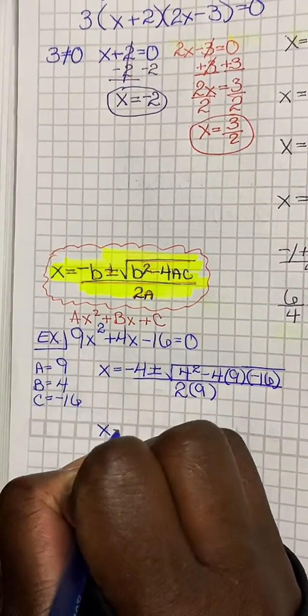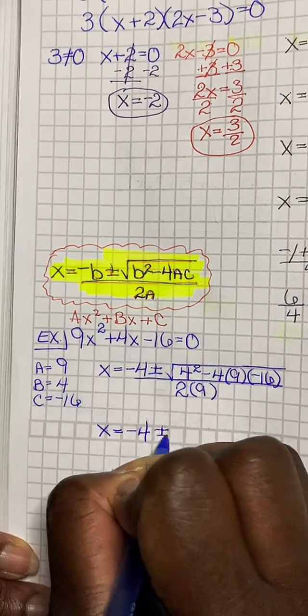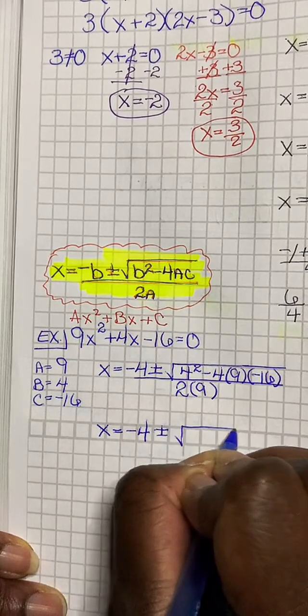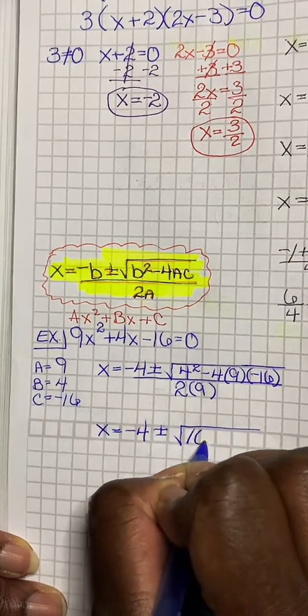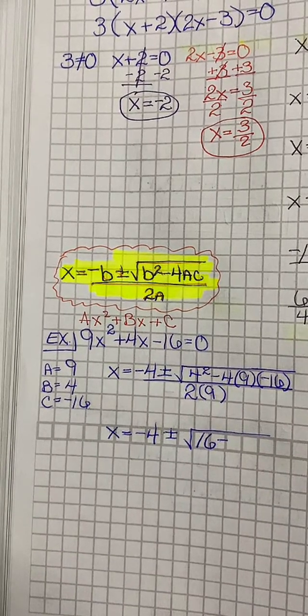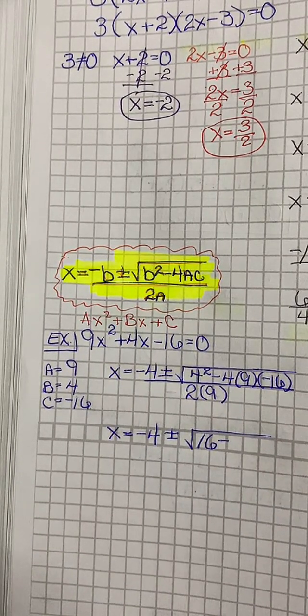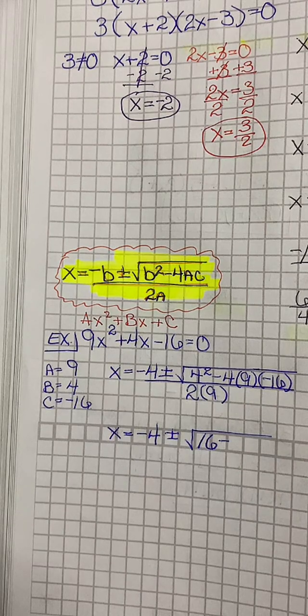So we have x equals negative 4 plus or minus 4 squared, that gives me 16, minus 4 times 9, well, it'll be a negative 4 times 9. That will give me 36, and then multiply that by a negative 16.